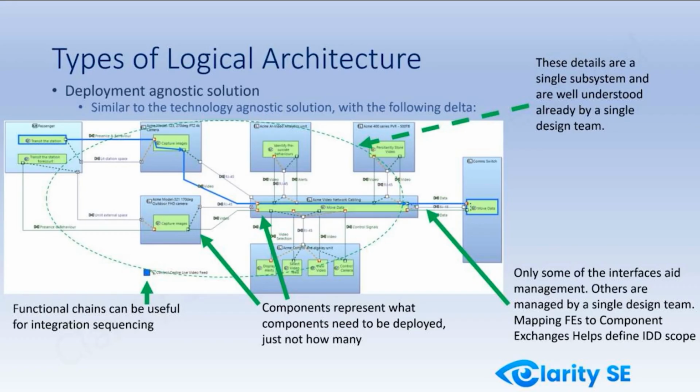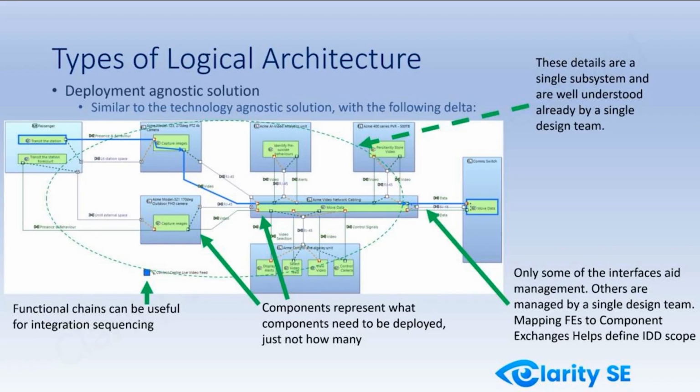This sort of architecture doesn't define the physical architecture for a physical deployment. It simply says, look, here's how we're going to tie everything together in general, and then let the physical architecture sort out exactly how that's going to happen. So in order for that, the technical solution needs to be really well understood by each of the design teams.